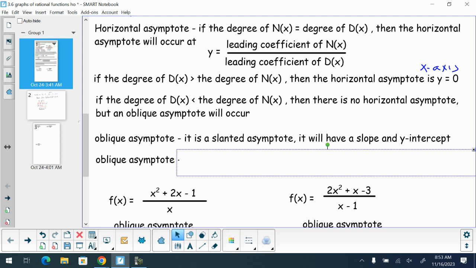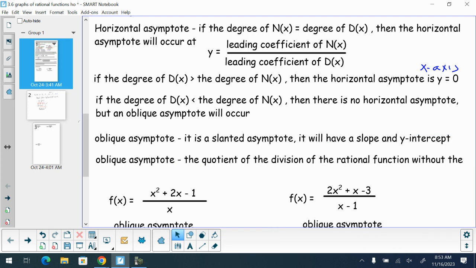And it will occur at the quotient of the division of the rational expression without the remainder.